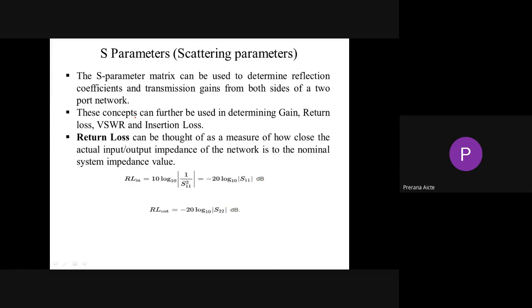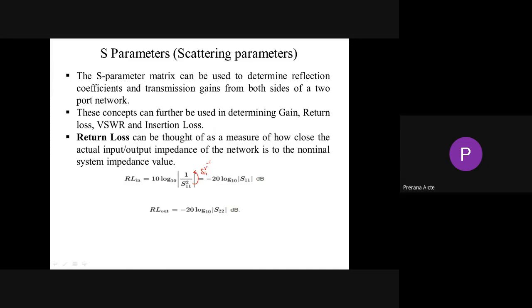The return loss is defined as 10 log10 of the modulus of 1 by S11 squared. That is equal to, taking S11 squared into the numerator, 1 divided by it, which becomes S11 squared to the power minus 1.